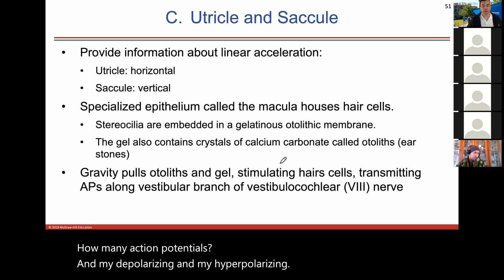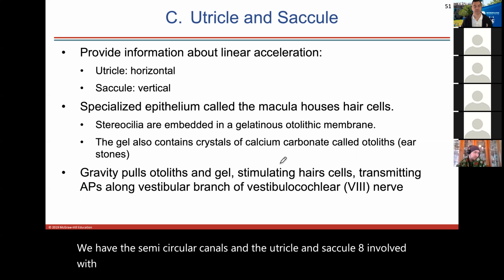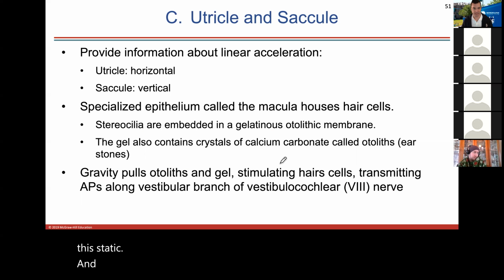We have the semicircular canals and the utricle and saccule involved with static and dynamic equilibrium. Utricle and saccule are static equilibrium, linear acceleration.